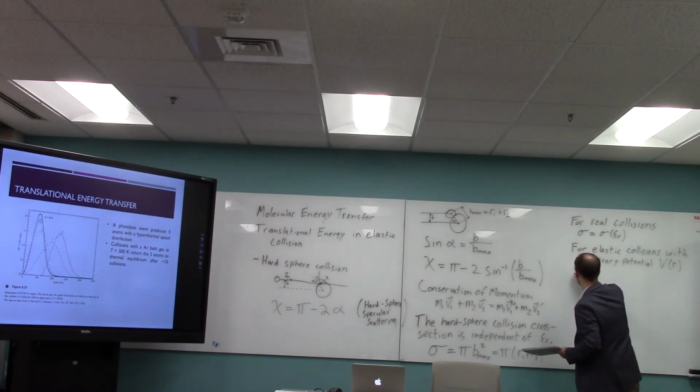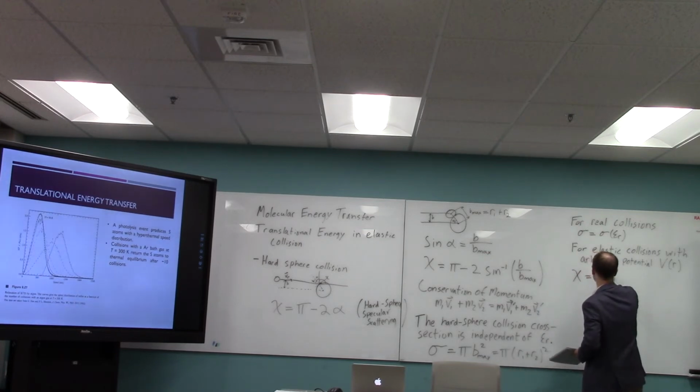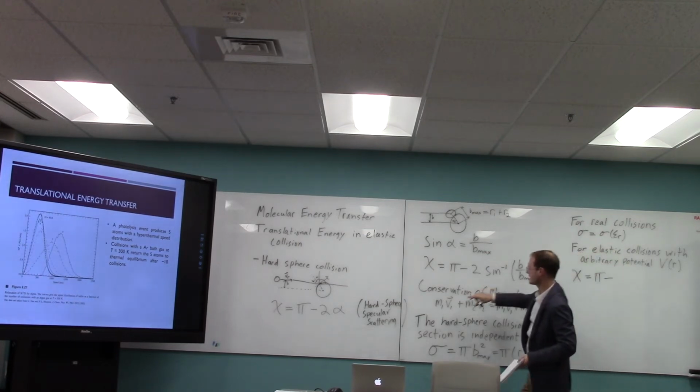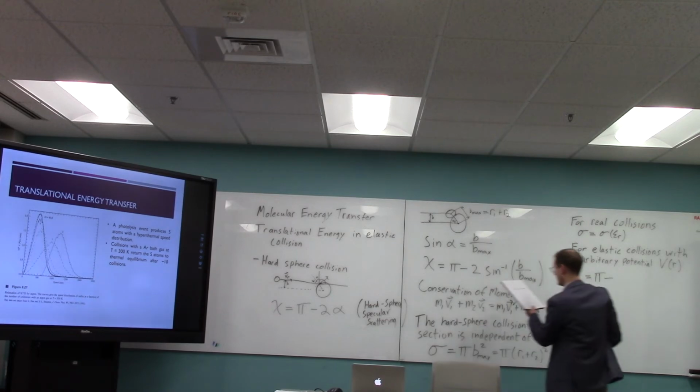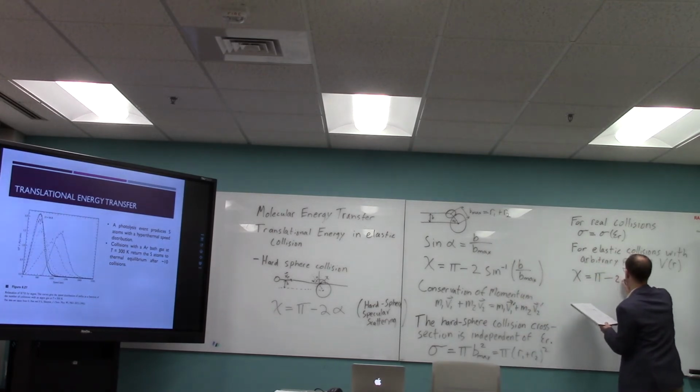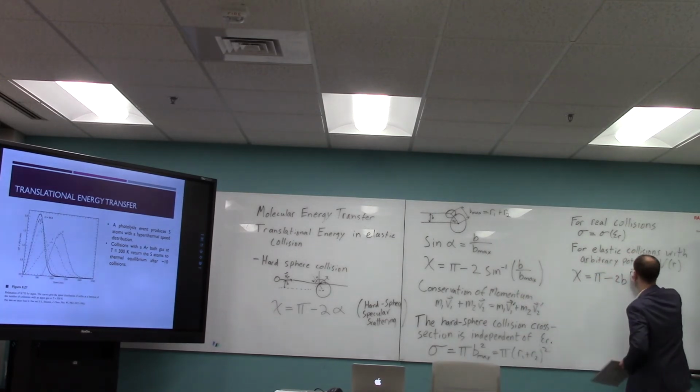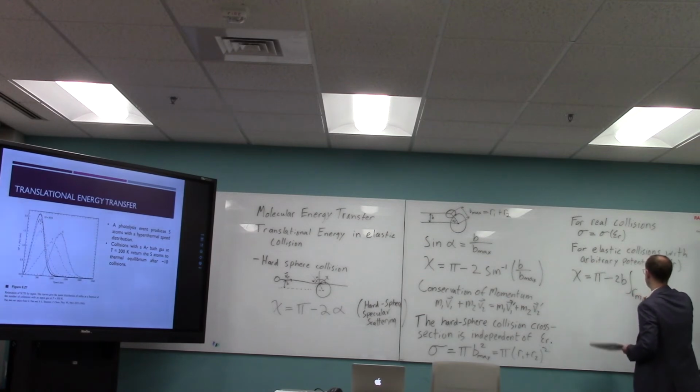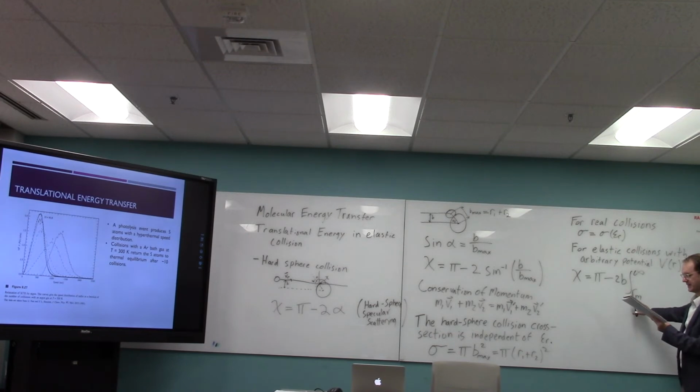Then the scattering angle is equal to pi minus, and then instead of 2 alpha, you get an integral. You have to take 2b times the integral from Rm to infinity, where Rm is the distance of closest approach between the two atoms.